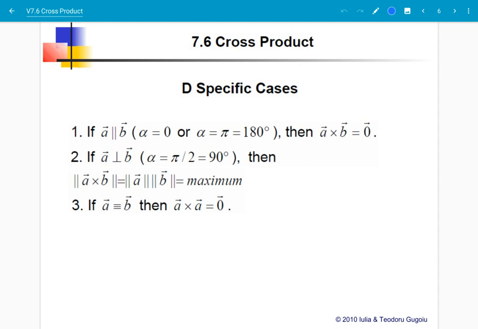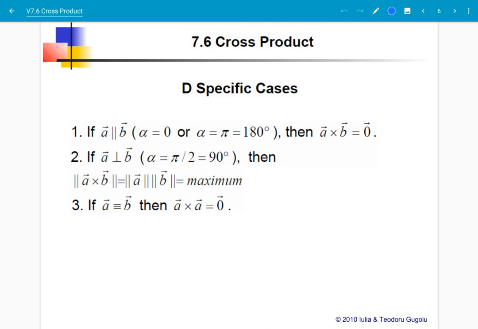Specific cases: if A and B are parallel, then alpha is either 0 or 180 degrees. So it's either parallel in the same direction or parallel in the opposite direction. The sine of 0 and 180 is 0, so the cross product would be the 0 vector.